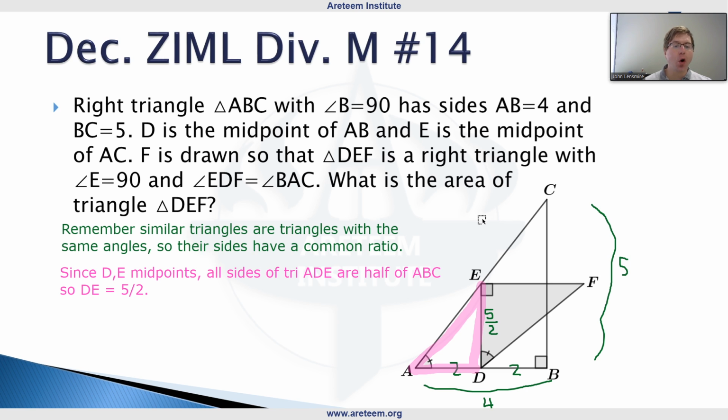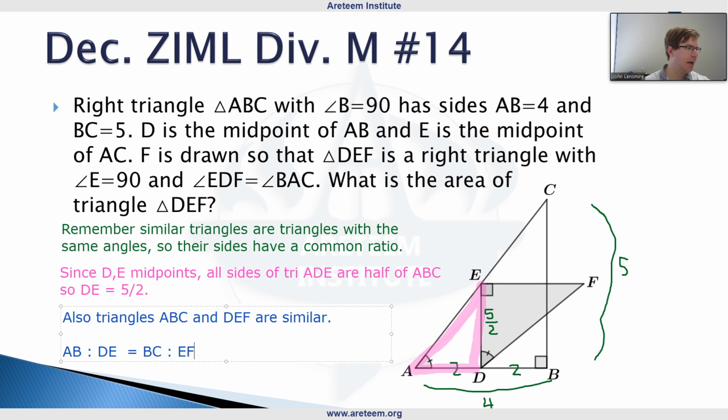Now, we also know that the two triangles, the big triangle and our shaded triangle, are similar. So also, triangles ABC and DEF are similar. This tells us in terms of ratios that AB to DE is the same ratio as BC to EF.